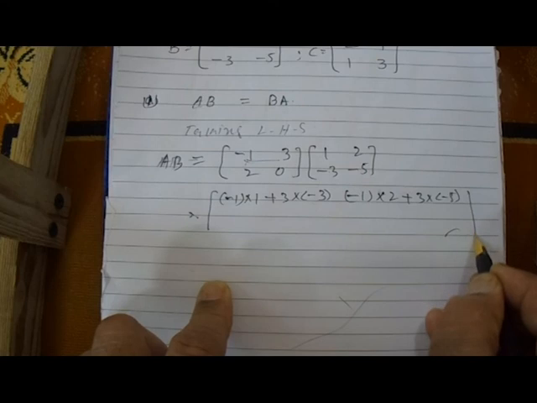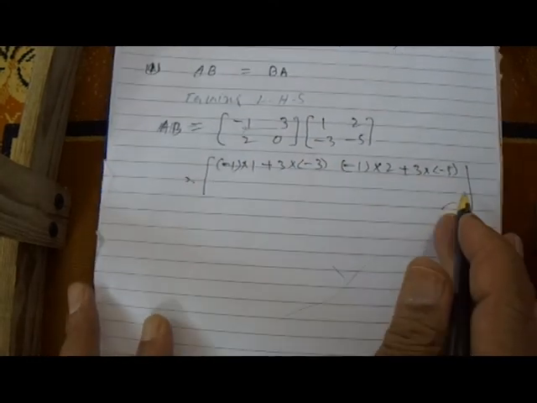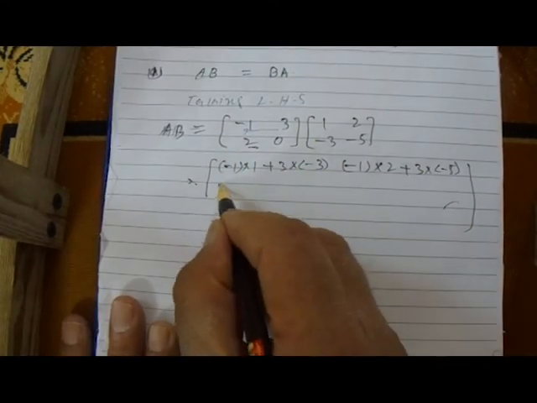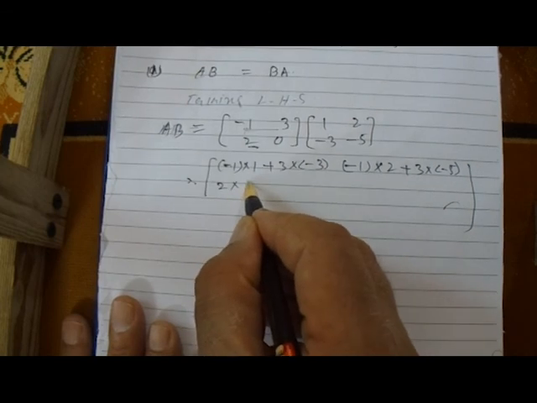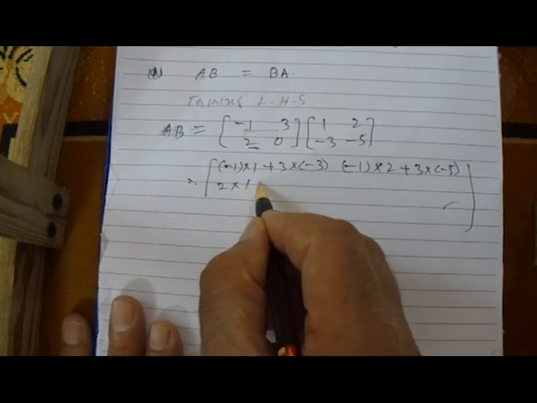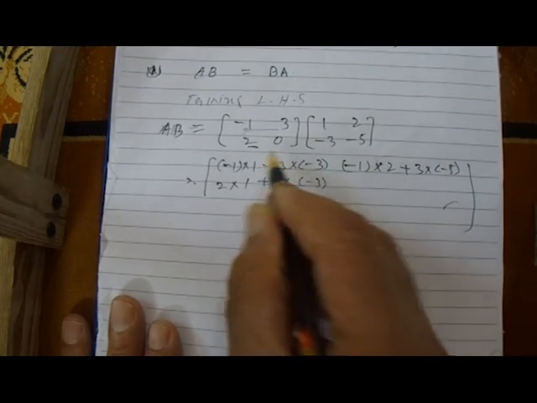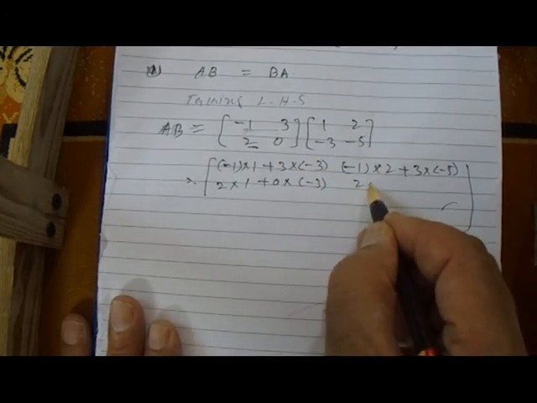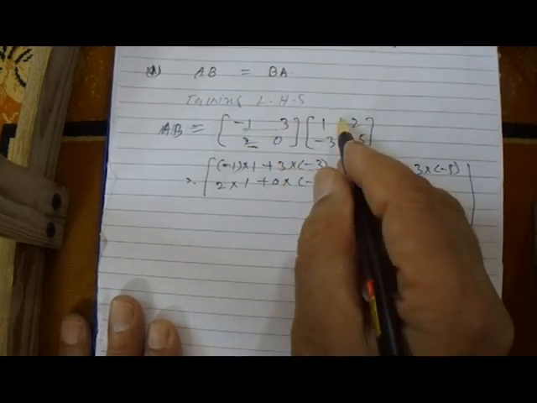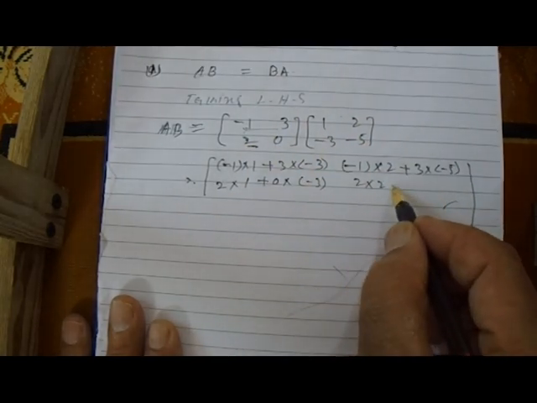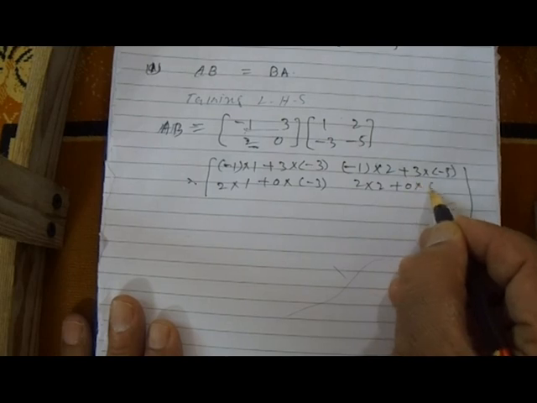Now we have completed the first row, and now the second row. 2 multiply by 1, and +0 multiply by -3. Again 2 multiply by 2, and 0 multiply by -5.